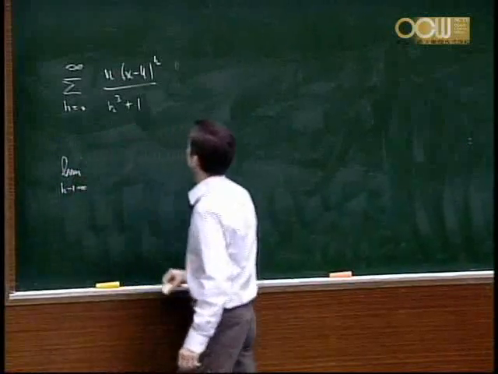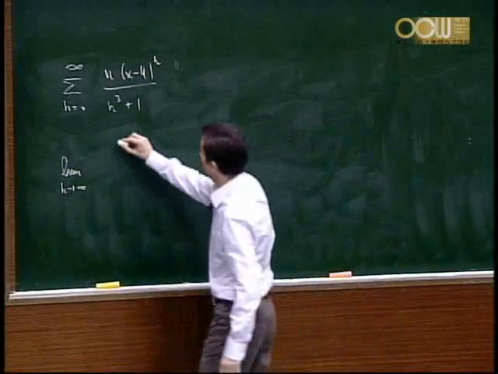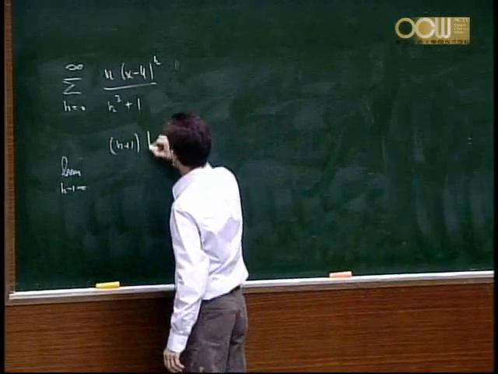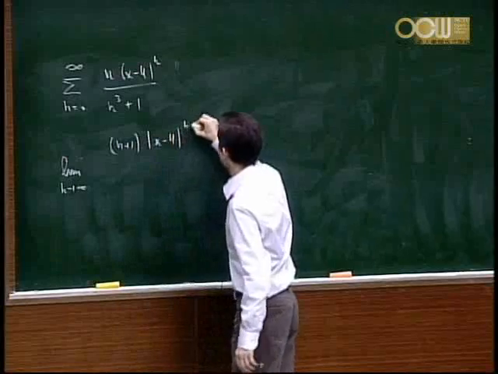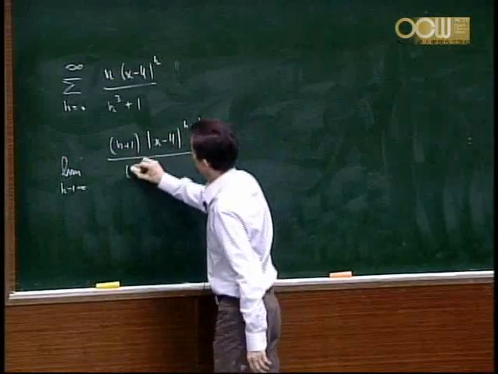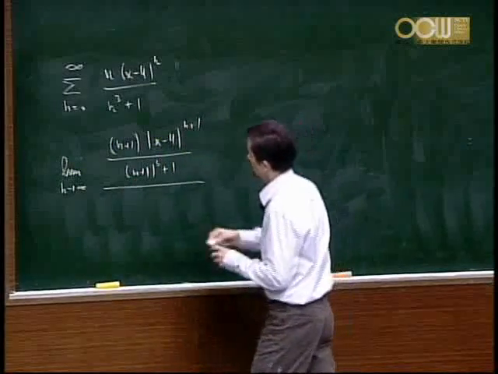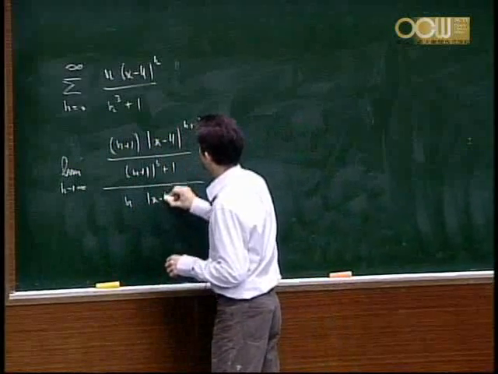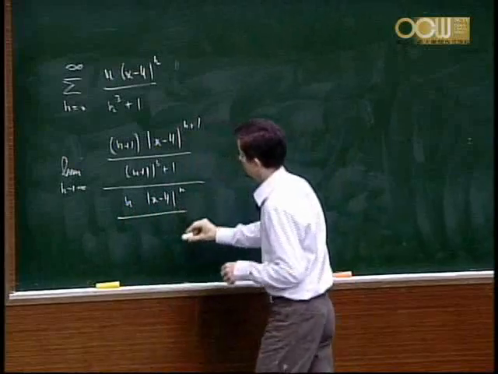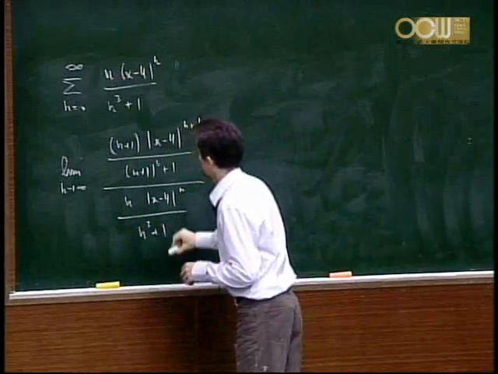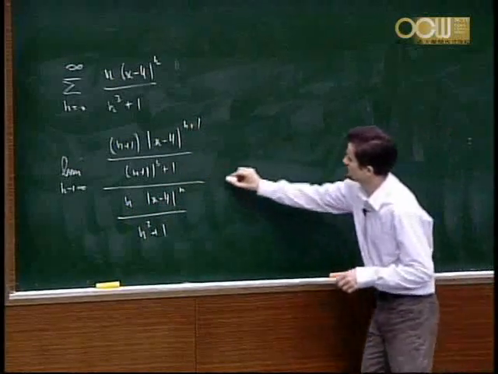We have to look at the ratio: the absolute value of x minus 4 to the n plus 1 over (n plus 1) cubed plus 1, divided by the absolute value of x minus 4 to the n over n cubed plus 1. This is not too complicated.